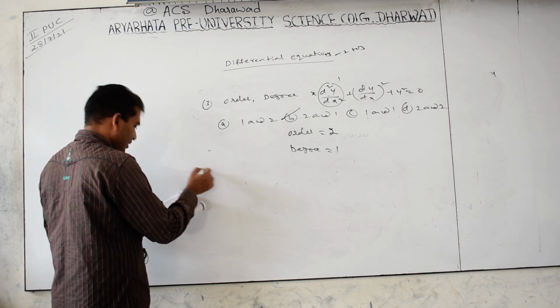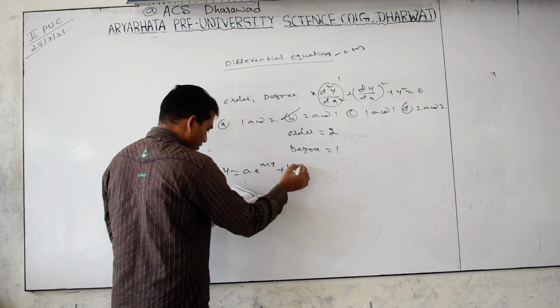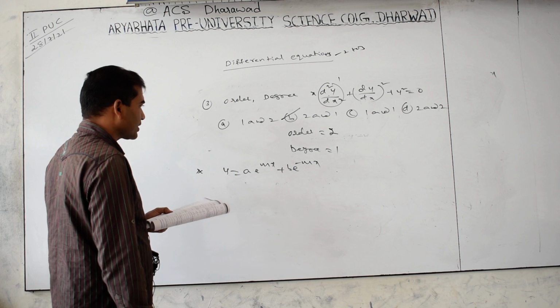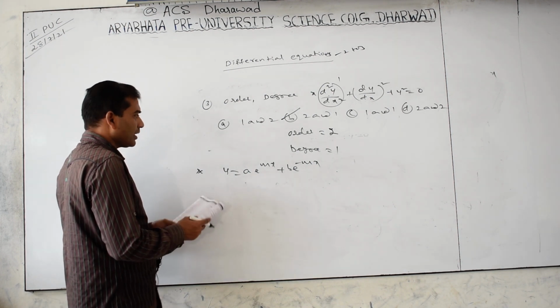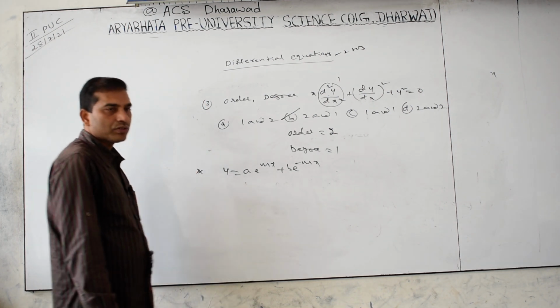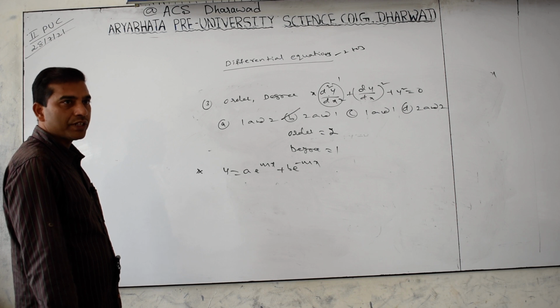Next one: y is equal to a into e power mx plus b into e power minus mx satisfies the following differential equation. Same thing here. How many arbitrary constants are there? 2 arbitrary constants. So we have to eliminate a and b and apply differentiation 2 times.